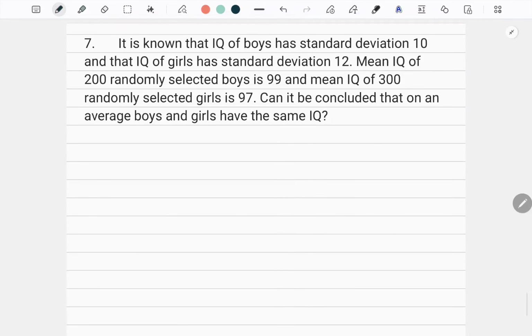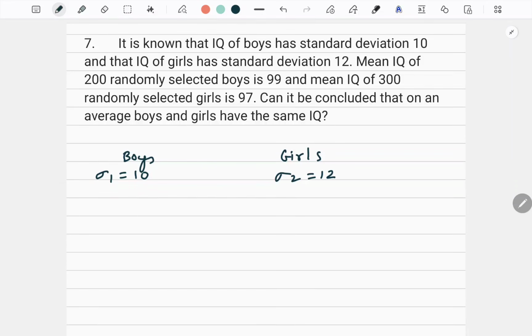It is known that IQ of boys has standard deviation 10 and that IQ of girls has standard deviation 12. So again they are talking about two samples. One is for boys and one is for girls. Right? So now sigma 1 is equal to 10 and sigma 2 is equal to 12.